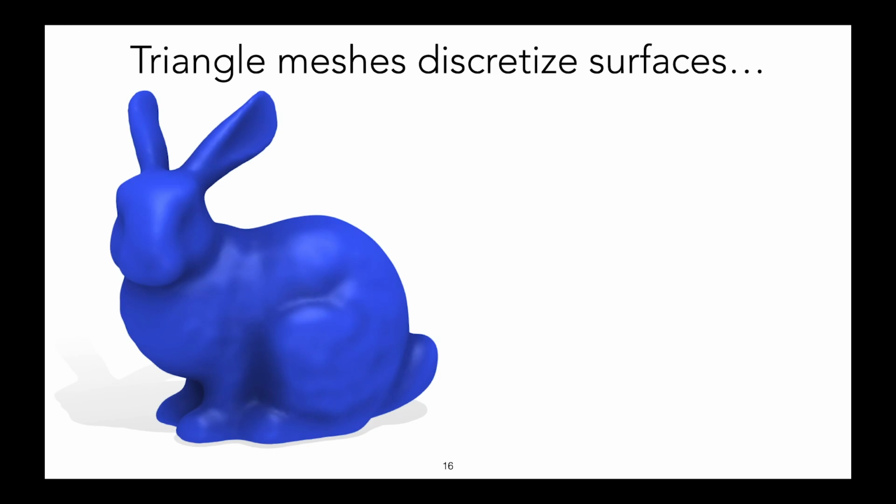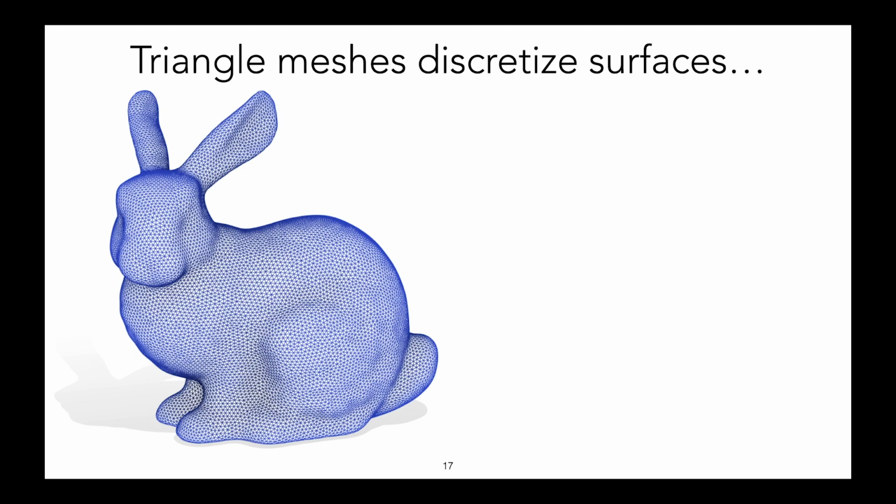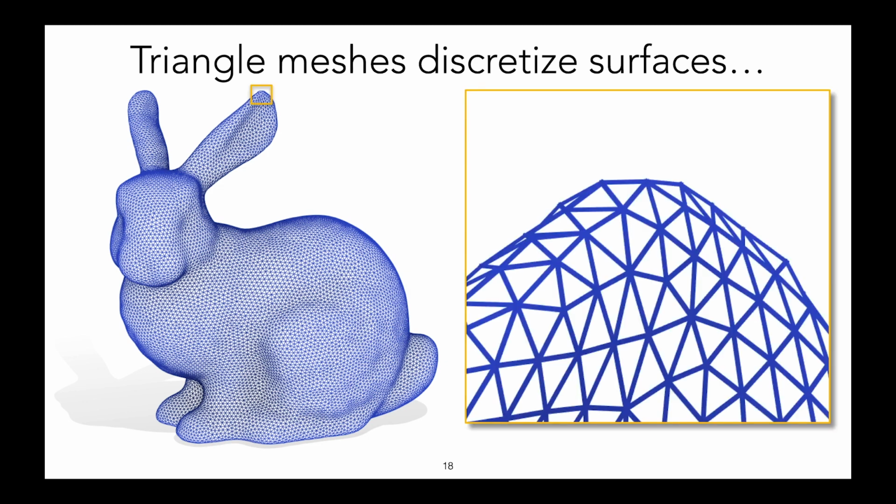So let's start with a basic representation for surfaces that we're going to use, which is a triangle mesh, meaning that the surface is divided into triangles, sampled at a set of points, and these points are connected with triangles. So let's zoom in here.